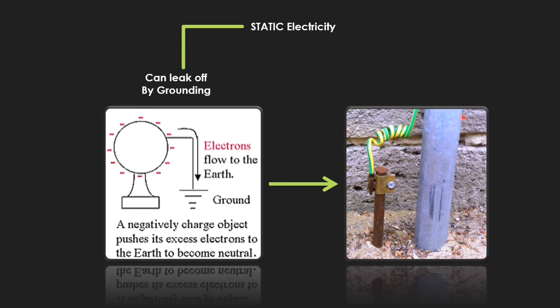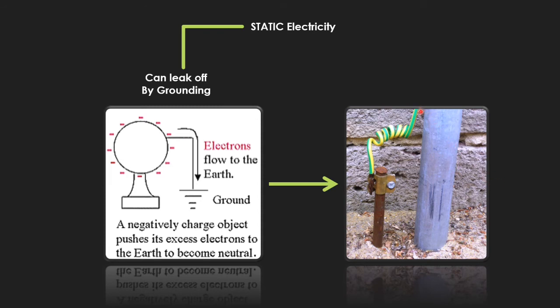For example, a metal pole, so that it will not hold excess negative charges, and one can be electrocuted or shocked when the electrical charges can sink into a person.